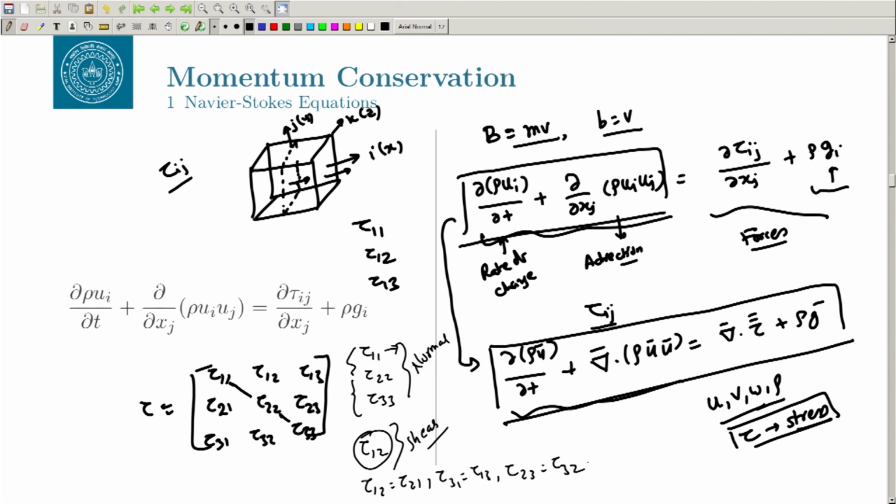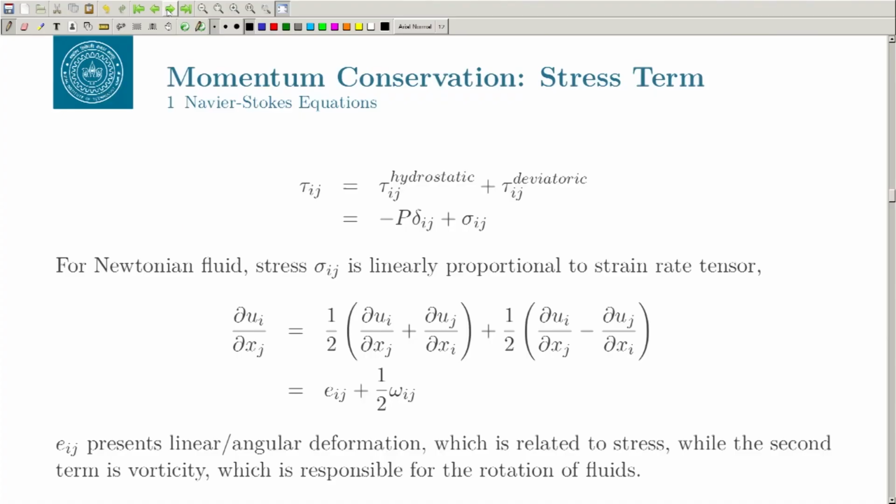So, this is a symmetric tensor, but even so, you have at least 6 unknown quantities, which are tau 1 1, tau 2 2, tau 3 3, tau 1 2, tau 2 3 and tau 3 1, right. So, how do you get these 6 stress quantities? Only then will you be able to solve the Navier-Stokes equations, right. So, let us try deriving this stress quantity.